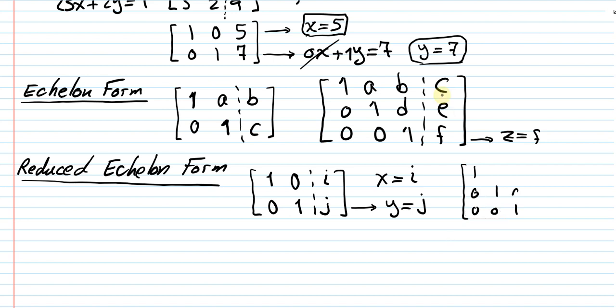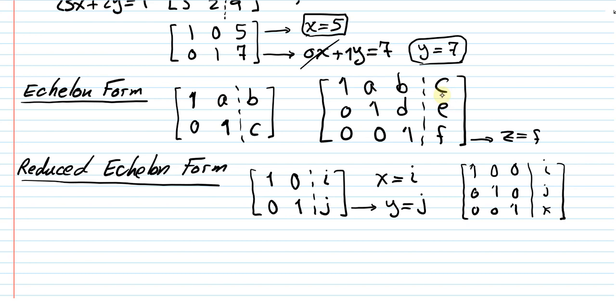And then you have those zeros above the main diagonal also. And these would be, let's say, I, J, K now, just to be different, or we can call them A, B, C, it doesn't matter. Those are the numbers. So for this one, Z is K, Y is J, and X is I. So we have the solutions in the reduced echelon form.